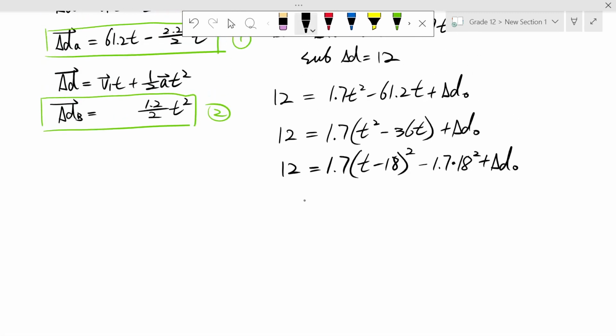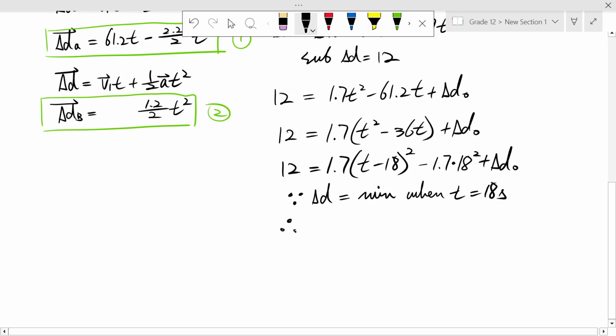Now, I don't really care what this number is. I just know the vertex is at t equals 18. I will just say, since the distance equals min when t equals 18 seconds, therefore you can write an equation that substitutes stuff in: 12 equals 1.7.